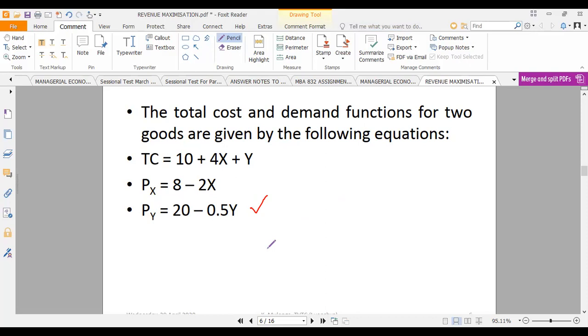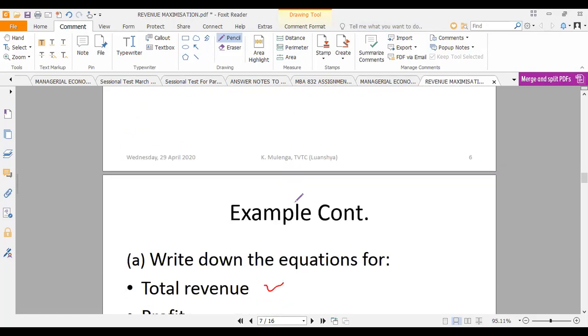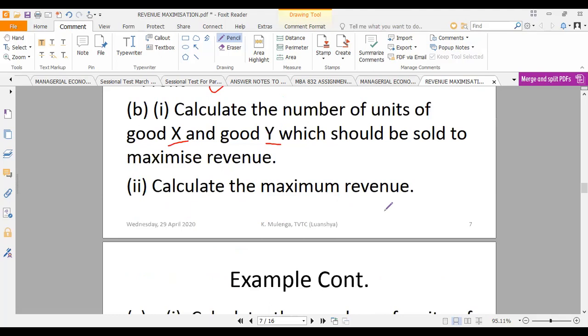Any answers? Y is equal to 20 and the price is 10. Okay. Any others? Same.